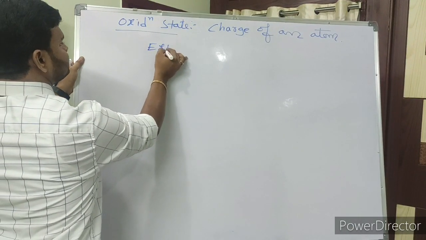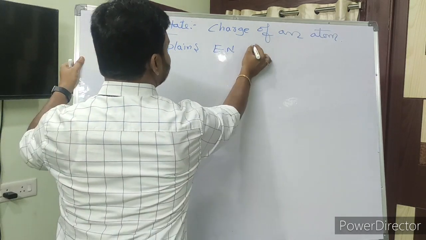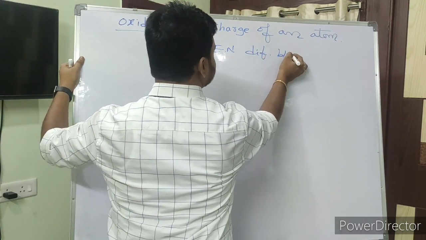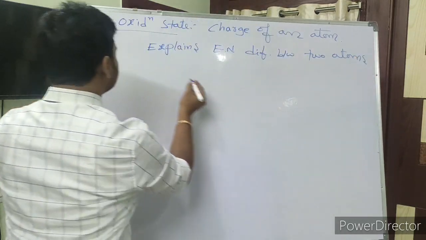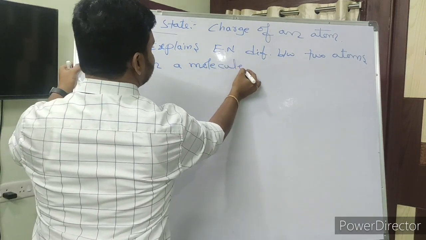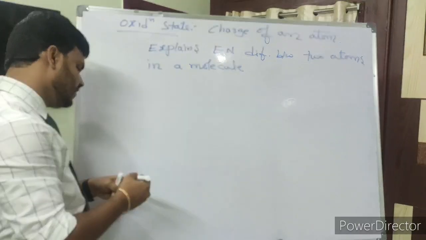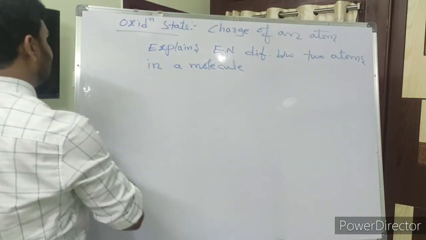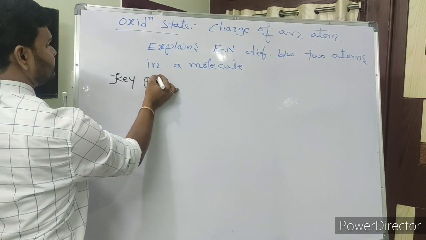It explains the electronegativity difference between two atoms in a molecule. So what are the key points? We have to focus on the key points.